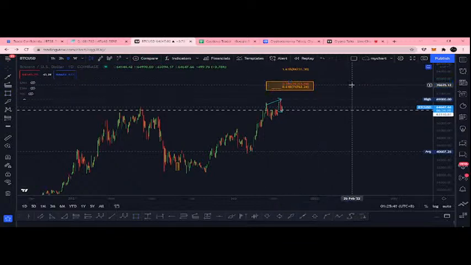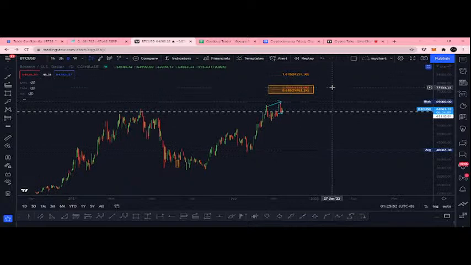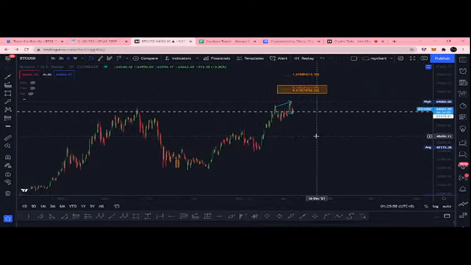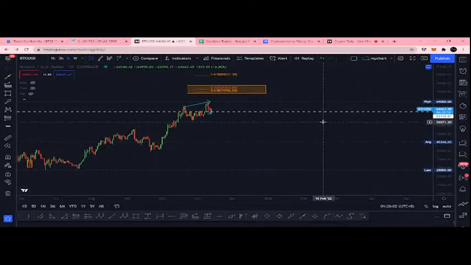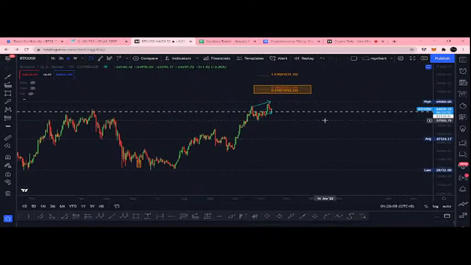I'm looking at 76,600, which is close to that also. So anyway, let's see how it goes for the month. Breakdown to that 63 might retest the 58,000, but I think the 63,000 will hold from here.